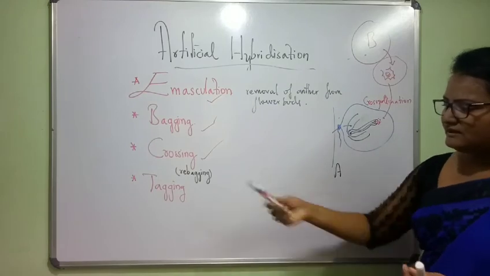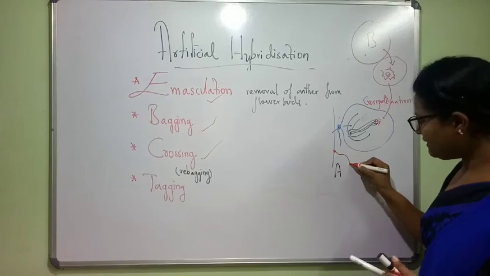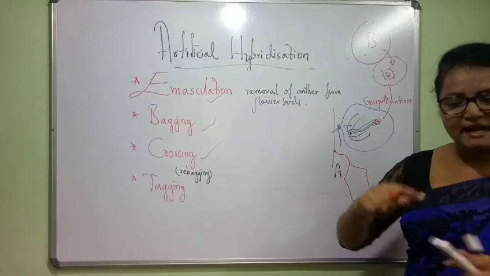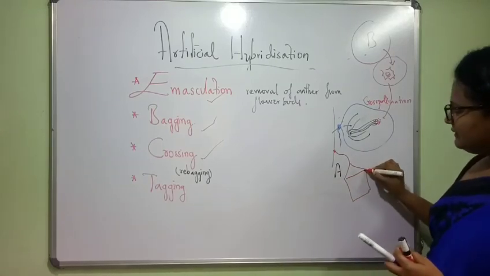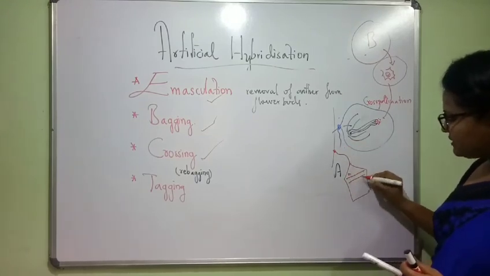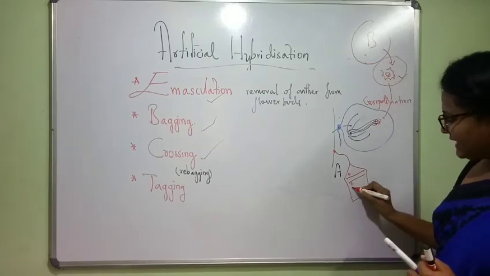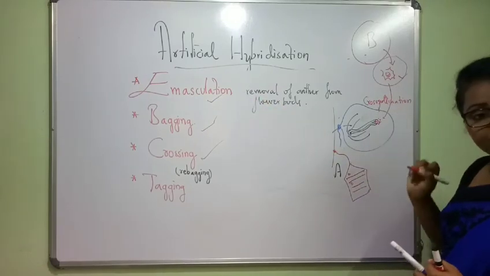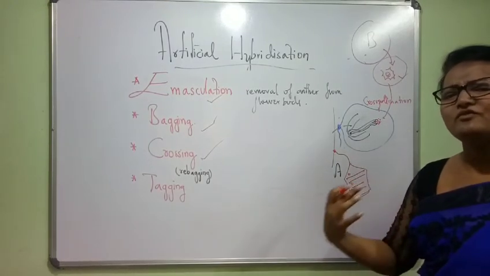And a simple thing, tagging, is nothing but this: we make some tags and tag that plant, writing the name of the original A plant, the name of the original B plant from which we have taken pollen grains, which day we emasculated, which day we performed cross pollination, and the person and institution involved.